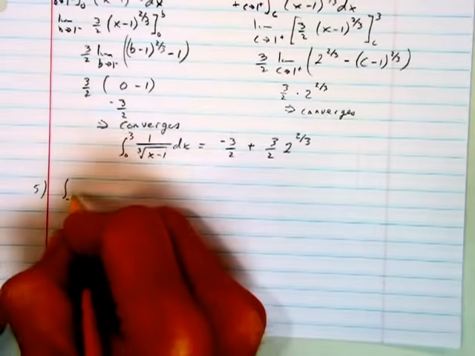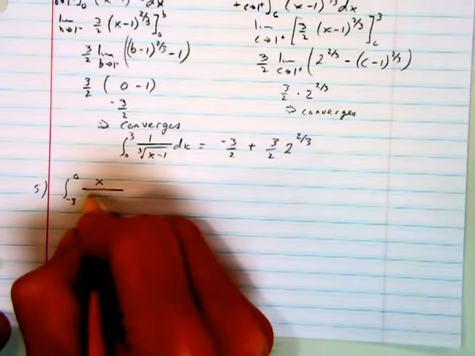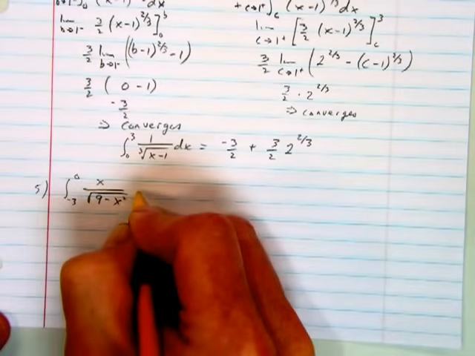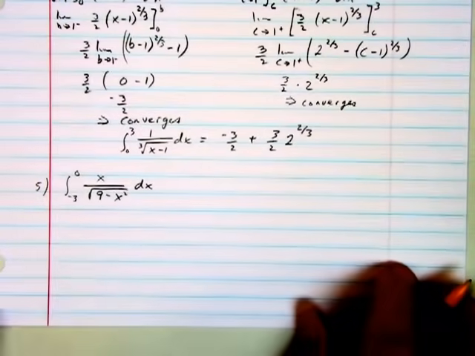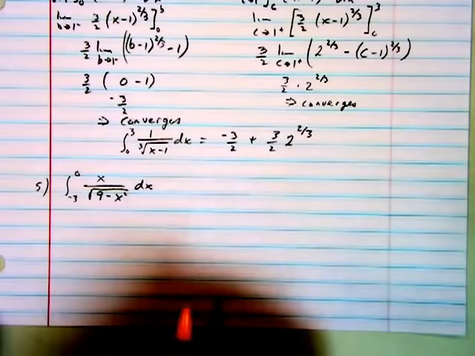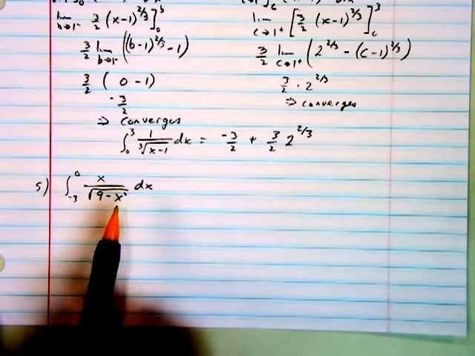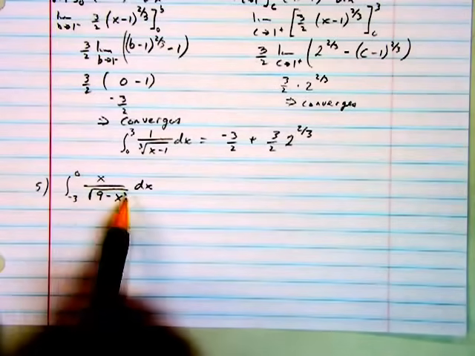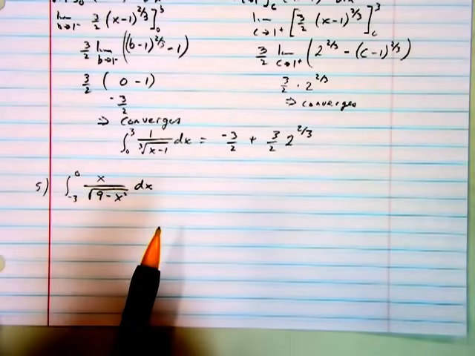Number 5. The integral from negative 3 to 0 of x over the square root of 9 minus x squared dx. So what's the problem here? First, the problem is if we plug in this negative 3, we're going to have 0 on the bottom, and that's bad.